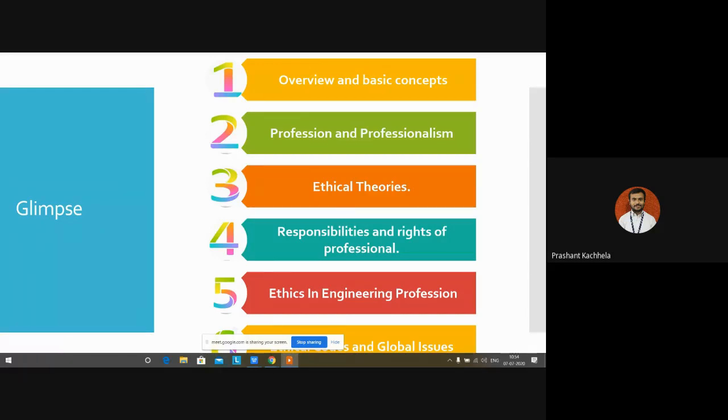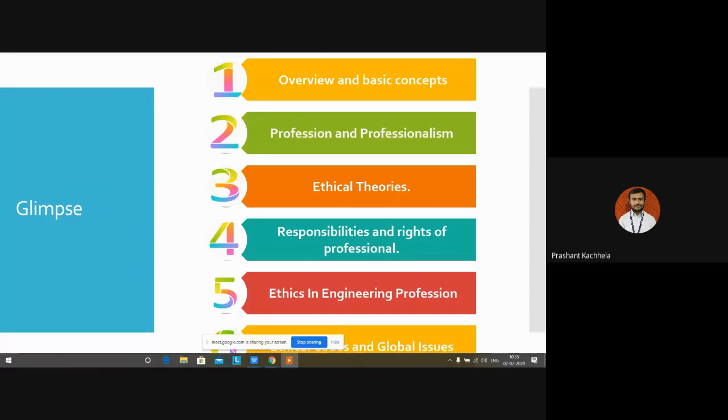Then we are also going to see different terms associated with ethics, terms which are directly related with ethics, like moral, values, and some professional codes. We are going to see how it is related, and what the factors are which are driving our ethical behavior, in the first module.